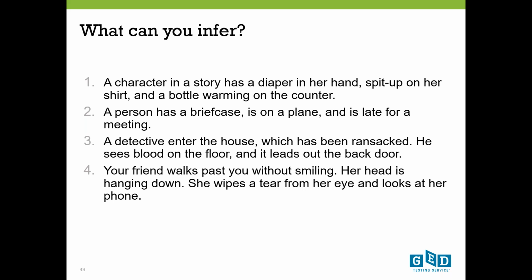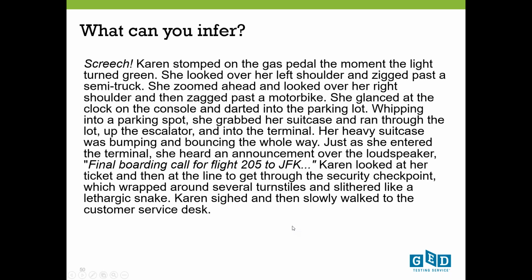Well, from that, you could probably infer that her day's not going so well, and she's probably gotten some bad news, probably a text that she really didn't want to receive. So you move from those comics, the photographs, move over into simple sentences, everyday situations. Then you can move into paragraphs.